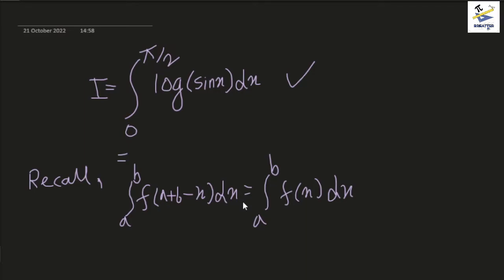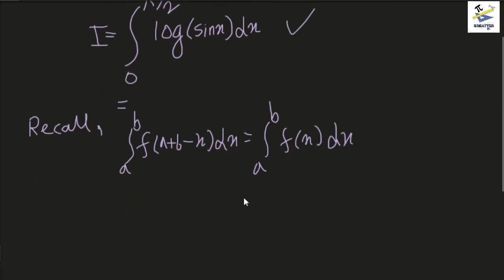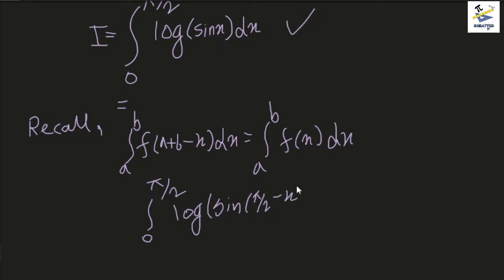So we can use this property to understand that 0 plus pi by 2 minus x would be pi by 2 minus x. So basically our integral would be the integral from 0 to pi by 2 of log of sine of pi by 2 minus x dx.